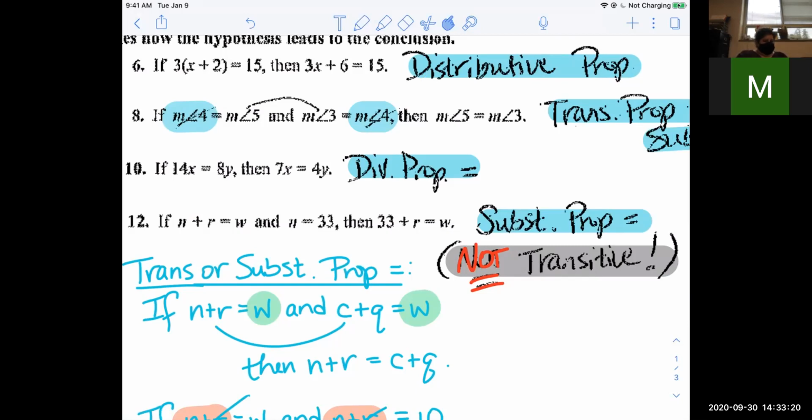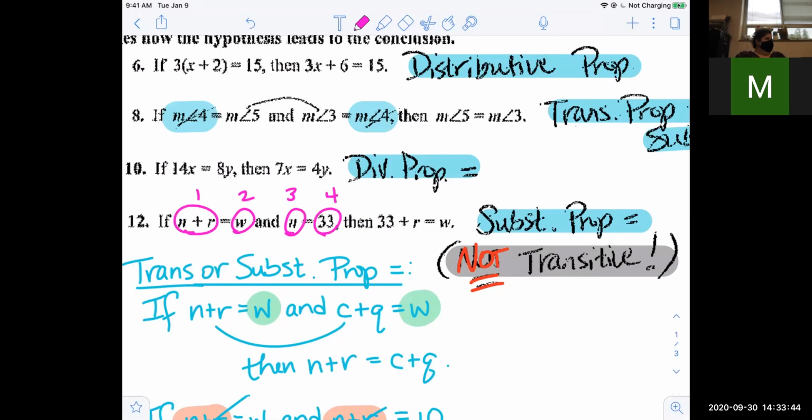So let's count here. This is thing one. Is that the same thing as thing one, or is that something different? So is that n plus r, or is that a new thing? That's a new thing. So this is your thing one, that's your thing two. Is this thing one, thing two, or something new? Something new, so that's your thing three. Is this thing one, thing two, thing three, or something else? So that's your fourth thing.